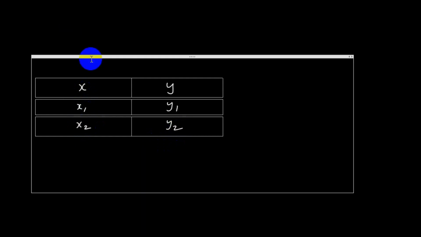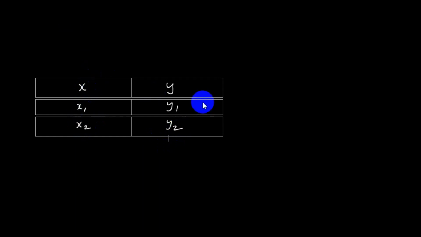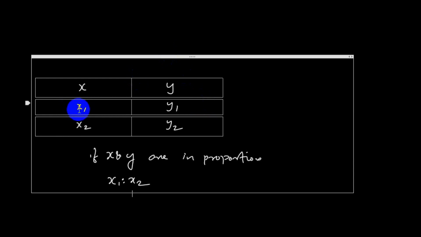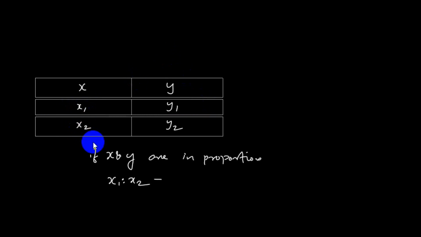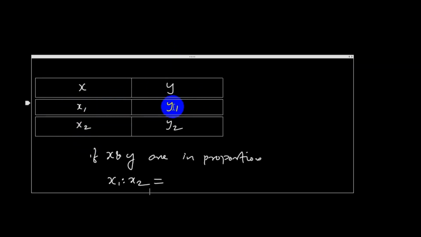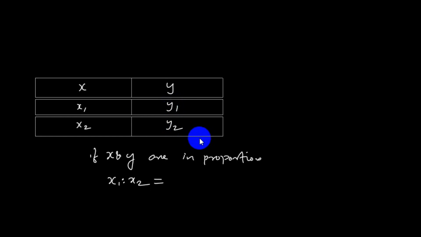If X and Y are in proportion, the result we have understood now is, what we see is, X1 is to X2, the ratio between these two values, will be equal to the ratio between these two values, that is Y1 is to Y2.